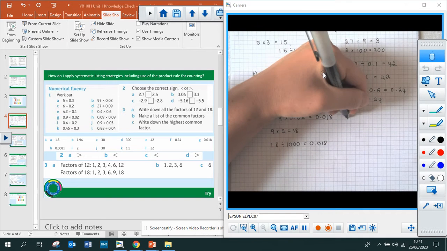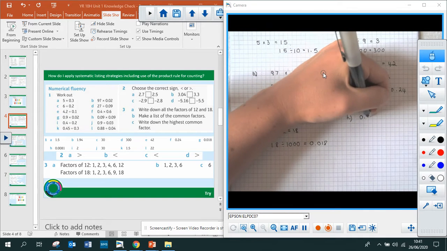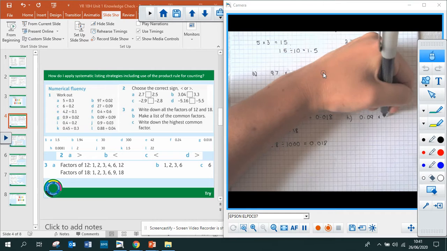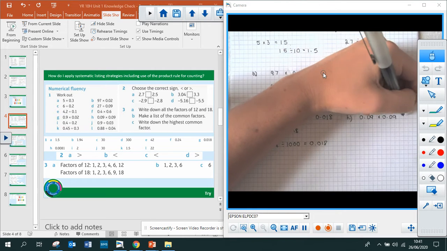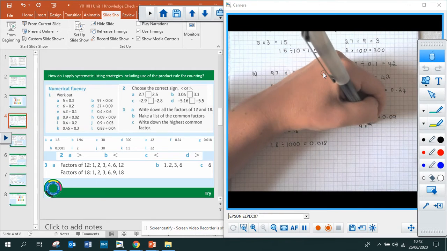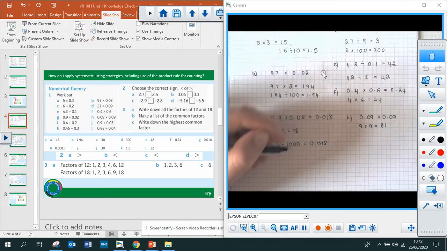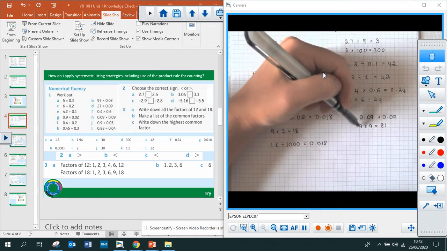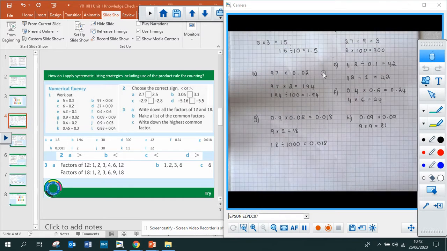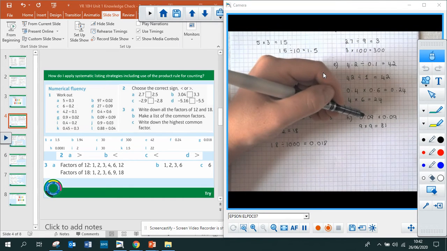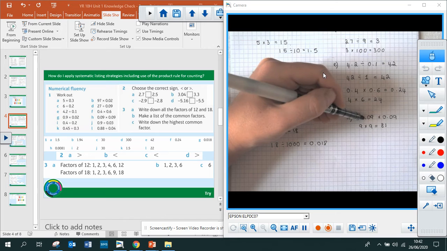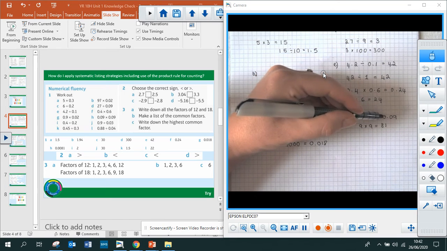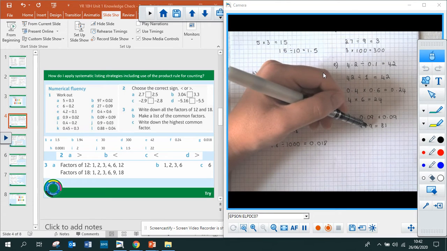H, 0.09 multiplied by 0.09. Well, I know 9 times 9 is 81. I'm multiplying here, so I need to just think about what I've done to each of these to get to here and do the opposite to the answer. So I have multiplied 0.9 by 100 and 0.9 by 100 again to get to 9.